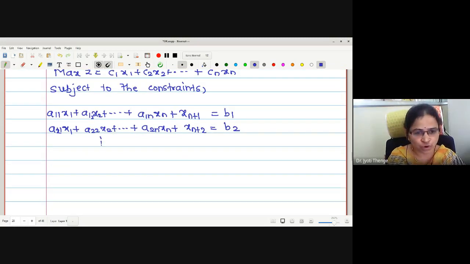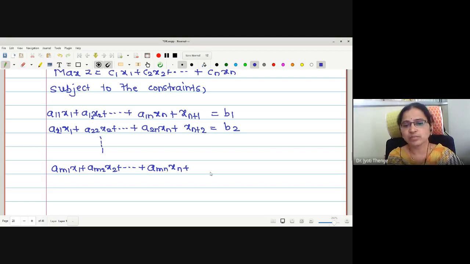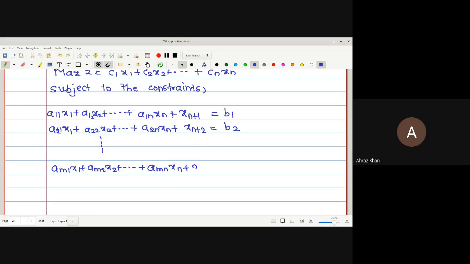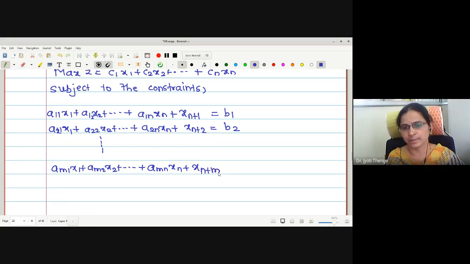Let us do it for all the m inequalities: am1 x1, am2 x2 up to amn xn. What is the number of the variable I should add in this mth inequality? xn plus m. For the first it is n plus 1, for the second it is n plus 2, but for the mth inequality, this variable is xn plus m, and the right hand side constant is bm.